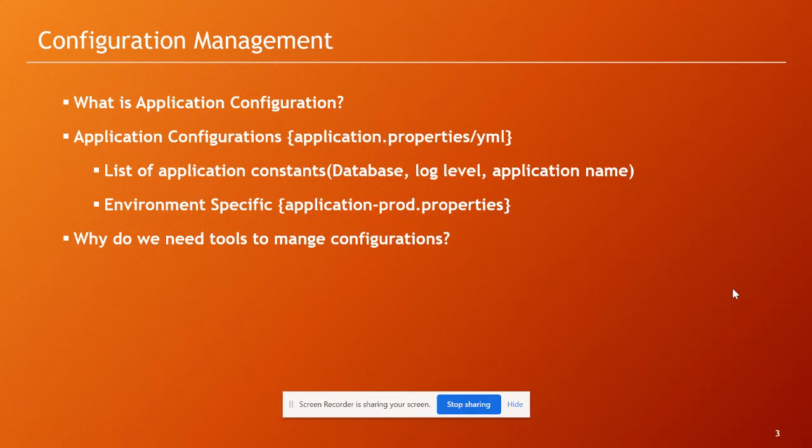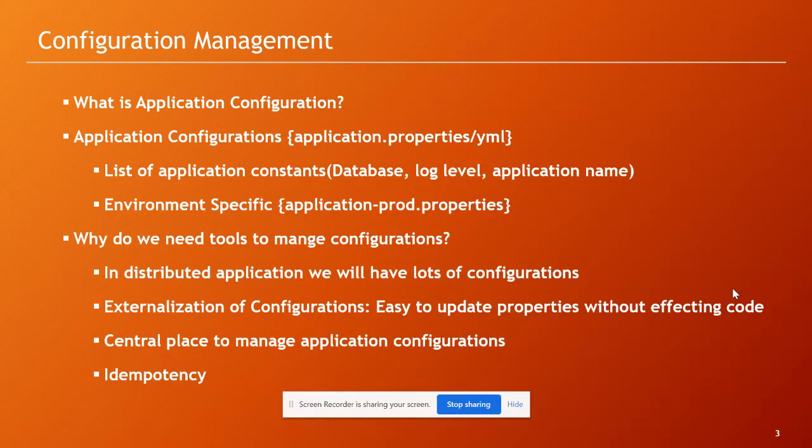But if we move from a single small-scale application to a large distributed application, then for sure we need configuration management tools which can manage the complete environment. A distributed application which consists of more than 5 or more than 10 applications requires this kind of configuration management tool. Then only can you manage it.